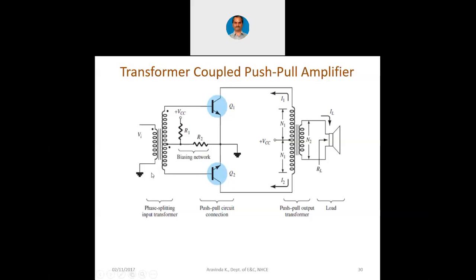Now this can be a circuit inside the siren of an ambulance or inside the siren of a factory or industry, where input AC will be given from an oscillator. You have already studied the oscillator now. Let us say for a siren, 1 kilohertz signal is required.